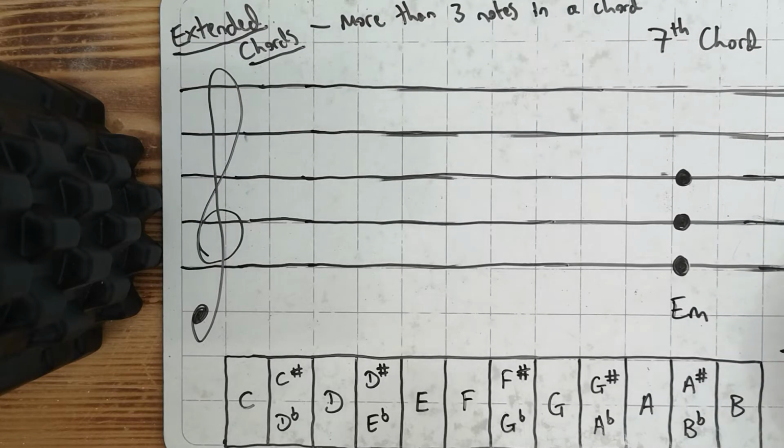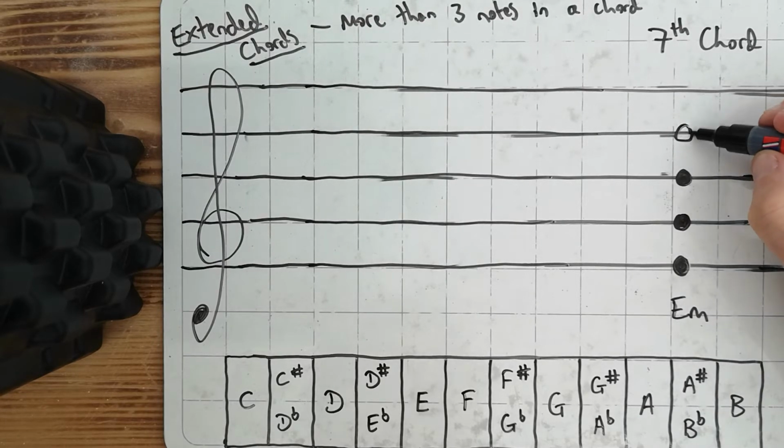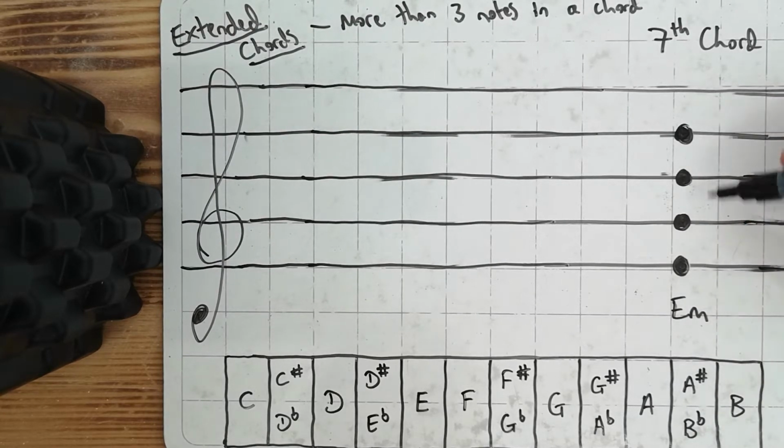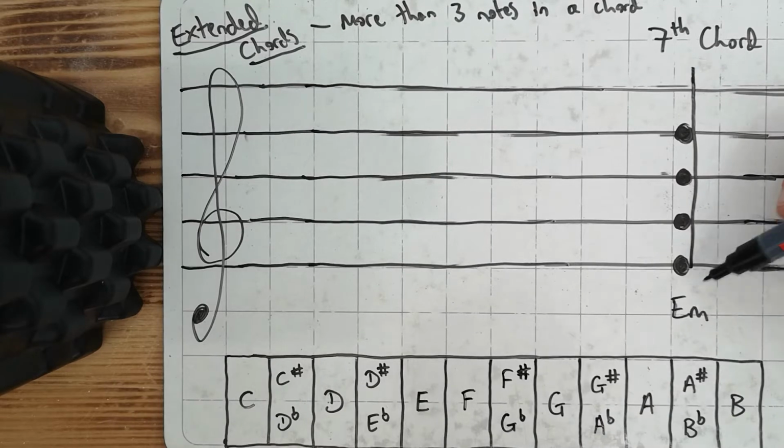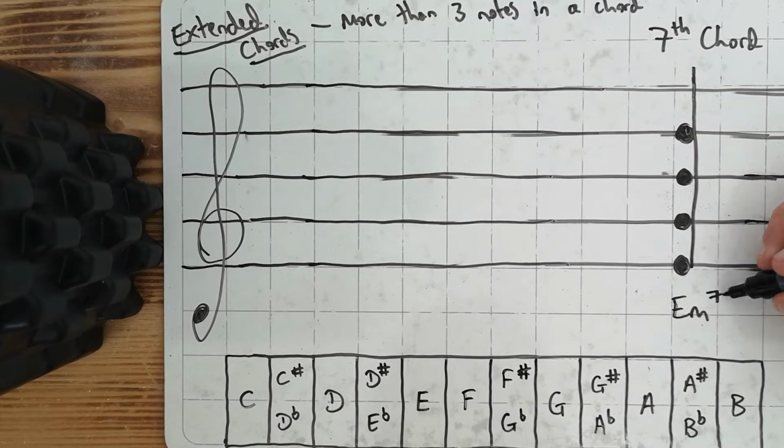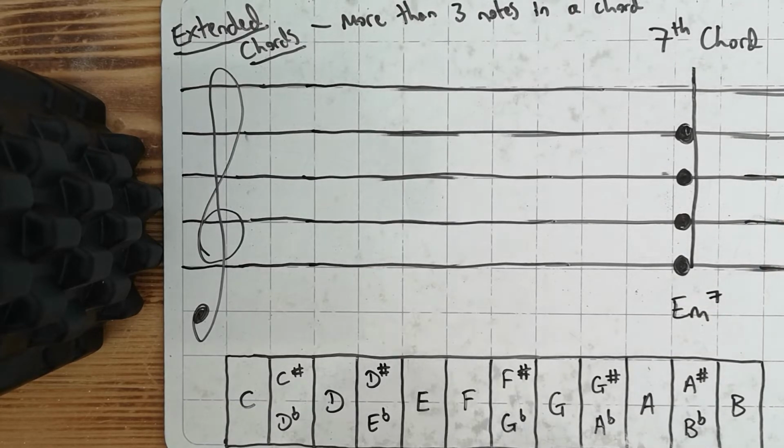If I add this note here, D natural, D natural is a 7th away from E. So if that's my E, I've got 2, 3, 4, 5, 6, 7. So I've got what we call an E7 chord, or in this case an E minor 7, because I've got a 7th above it.